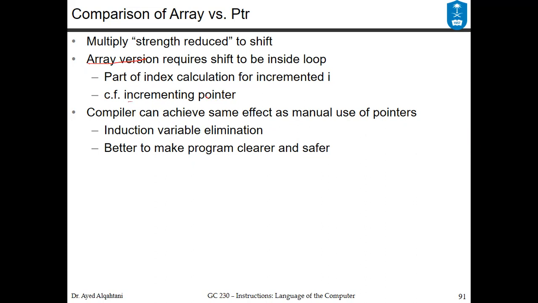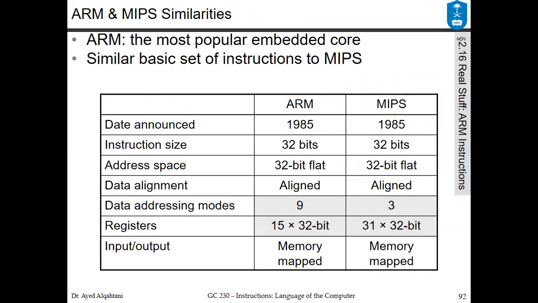There are certain instructions that you can do outside the loop. The compiler can achieve some same effect as manual use of pointers, induction variable elimination, and this is better to make program clearer and safer. But this is actually, if you are going to study a course related to compiler, you will face this in that course.